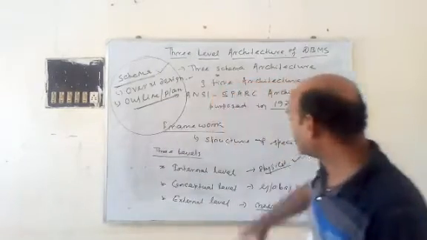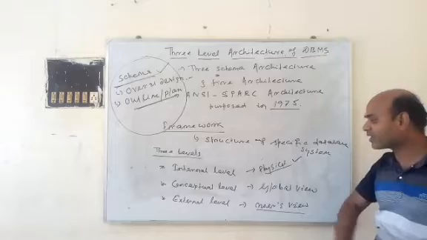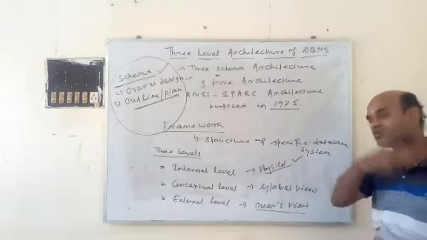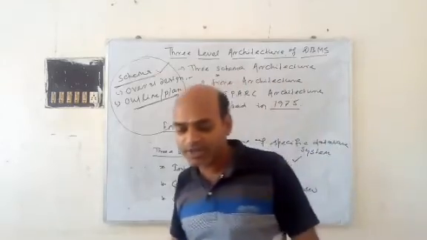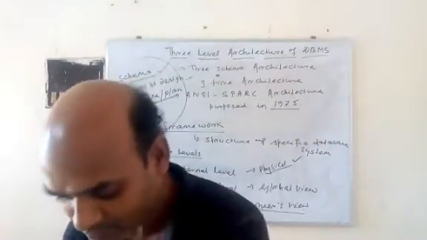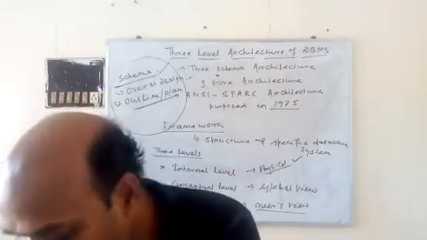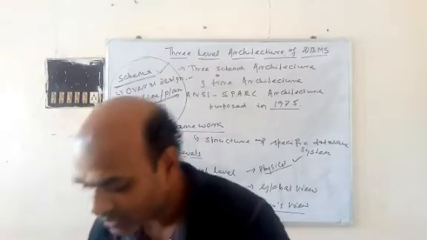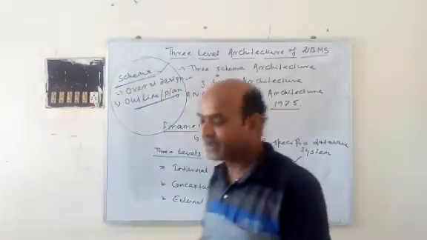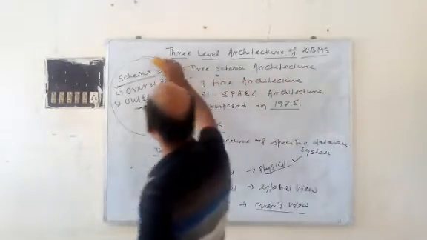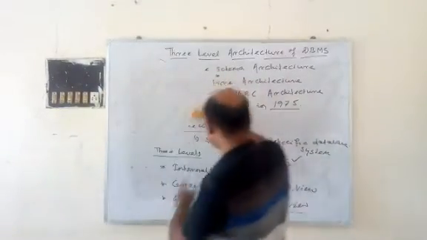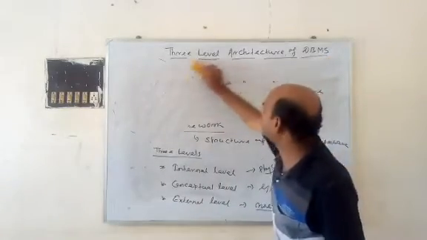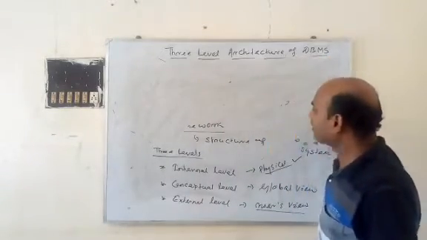Schema works in the internal, external, and conceptual levels. Now come to the diagram for this three-level architecture.